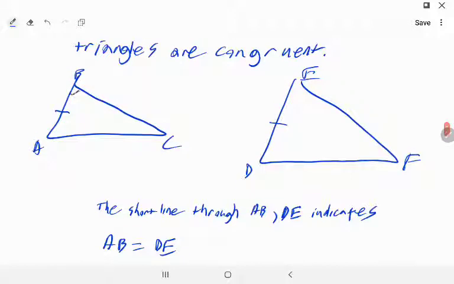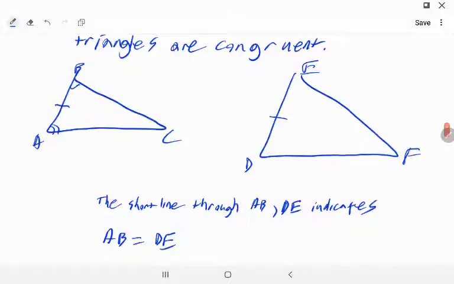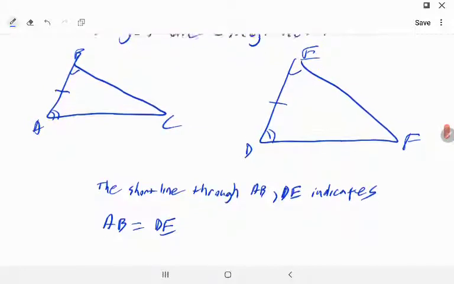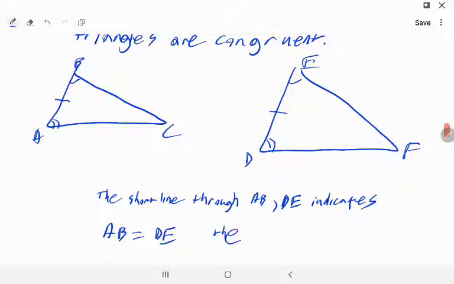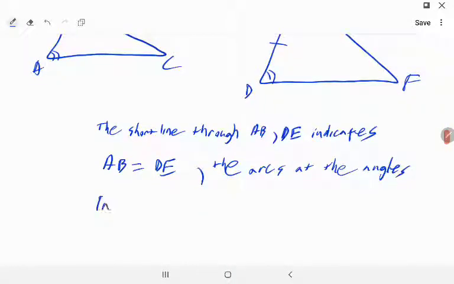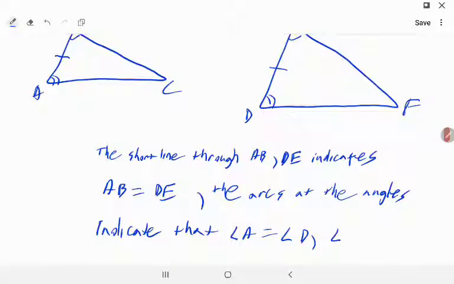And similarly, if we draw little arcs at the angles, the arcs at the angles indicate that angle A equals angle D, and angle B equals angle E.